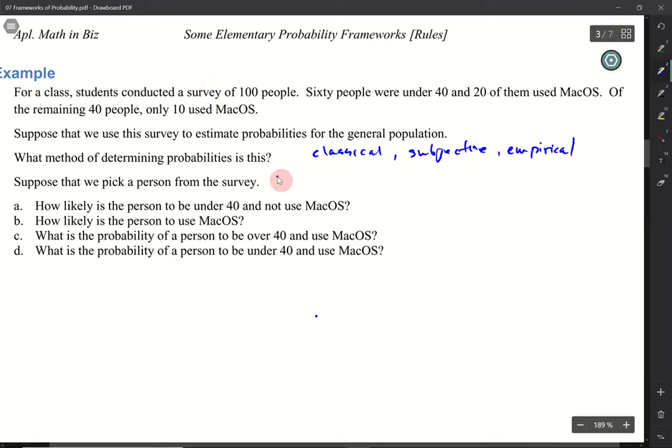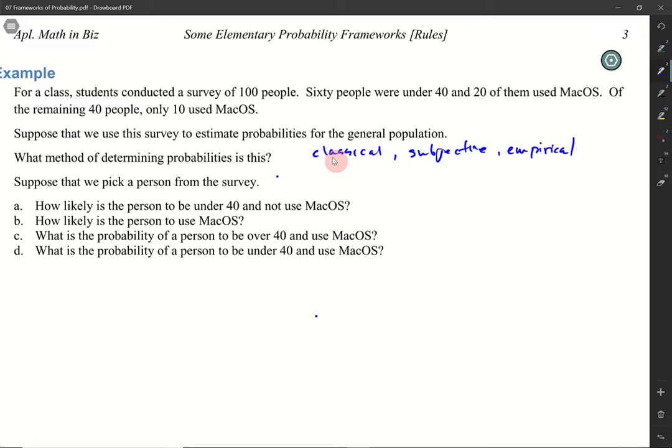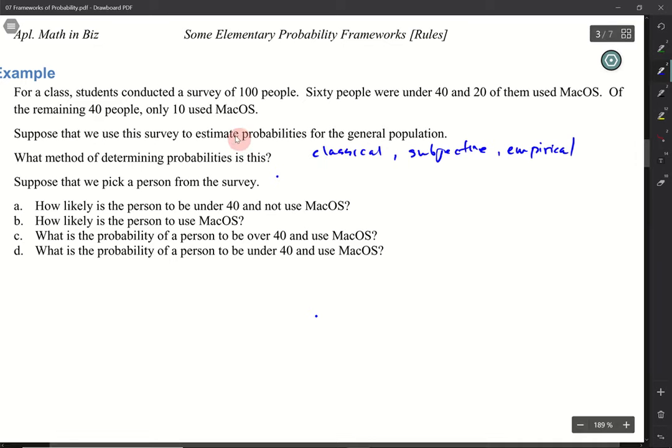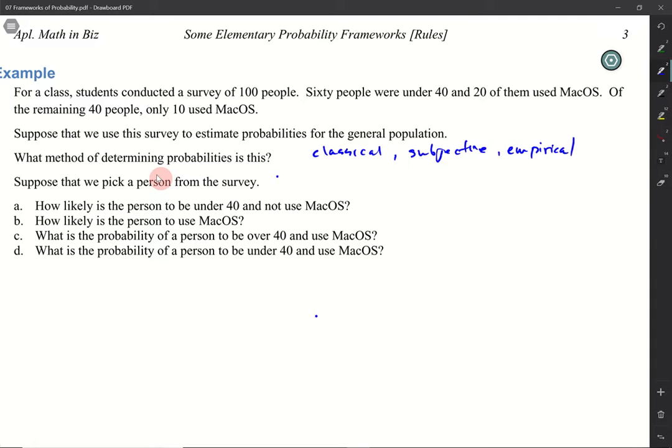Well, careful, because classical means that you're looking at the die, say, and you know the die has 6 sides, and you assume it's a fair die, and so you say each one is 1/6. Suppose that you want to know what fraction of people use Mac, and does age make a difference.